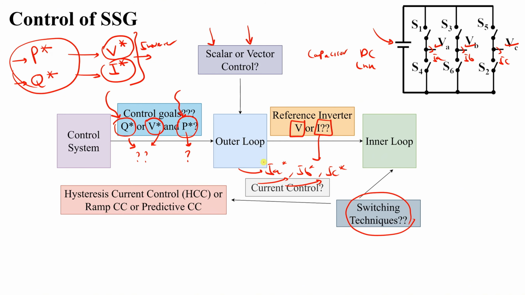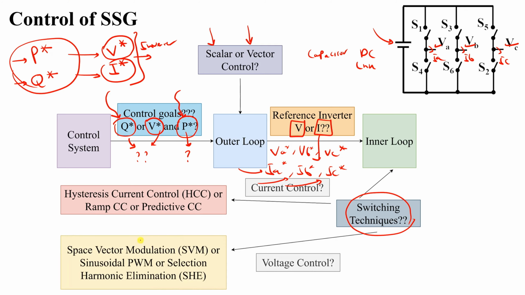Or if I have VA reference, VB reference, and VC reference, we can convert it using a voltage control technique like space vector modulation, SVM, or sinusoidal pulse width modulation, or selective harmonic elimination, SHE. So these are some of the current control techniques and some of the voltage control techniques.